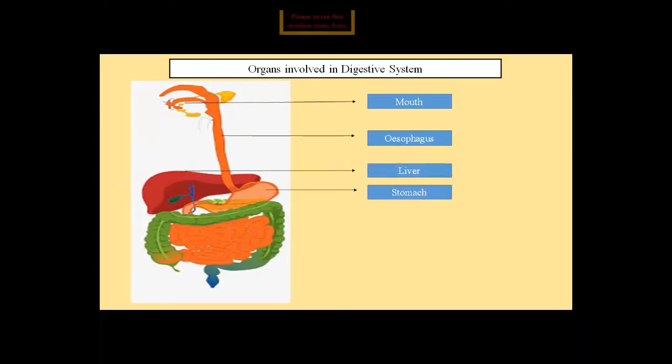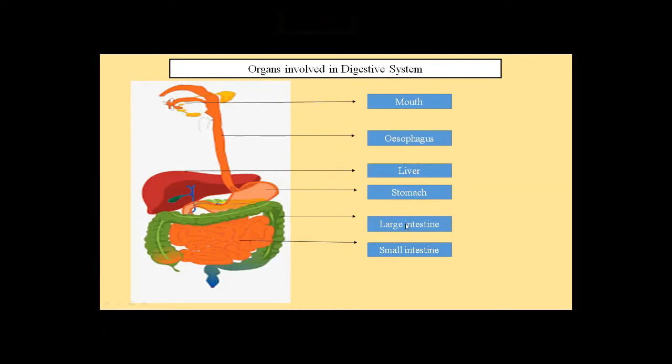And the fourth is the stomach, and this is the large intestine, and this is the small intestine. All these organs are involved in the digestive system. The first is the mouth, second is the esophagus, then the stomach, then the small intestine and the large intestine.